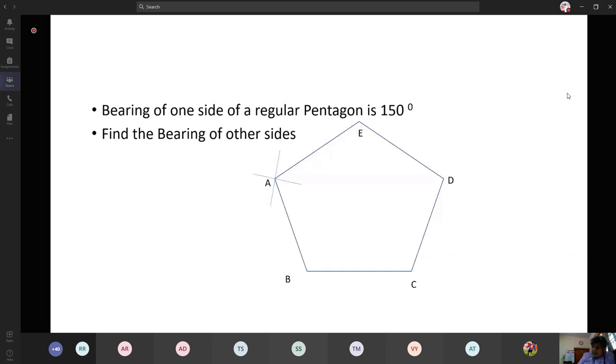What is the bearing of CD? 6 degrees. Bearing of CD? 6. Any other answer possible? What is the bearing of AE?